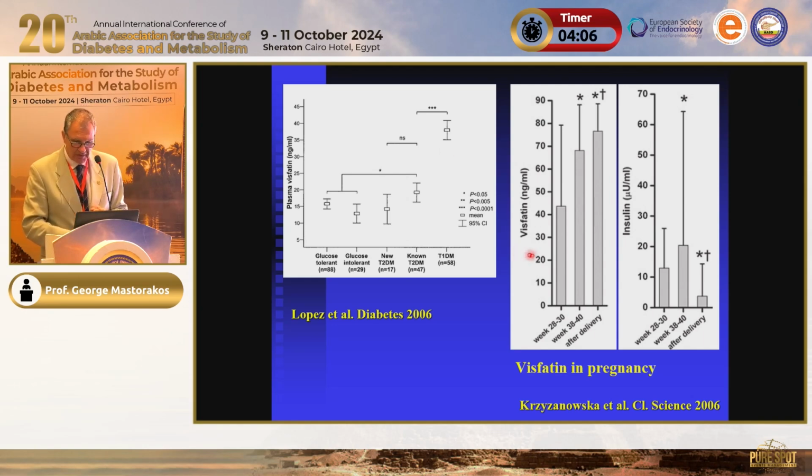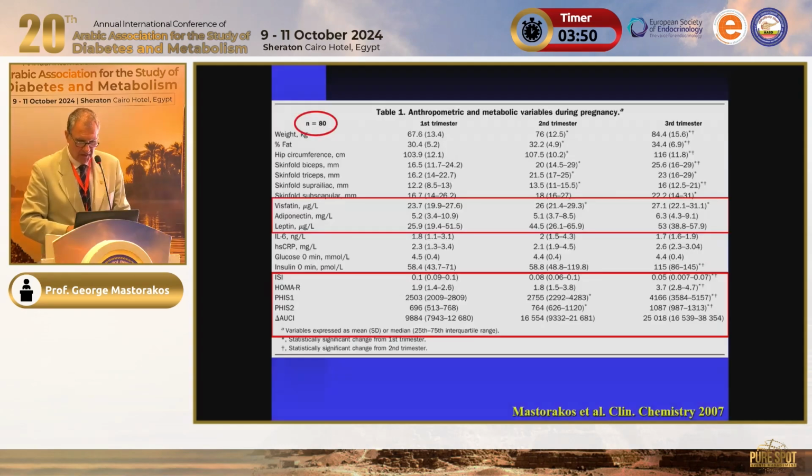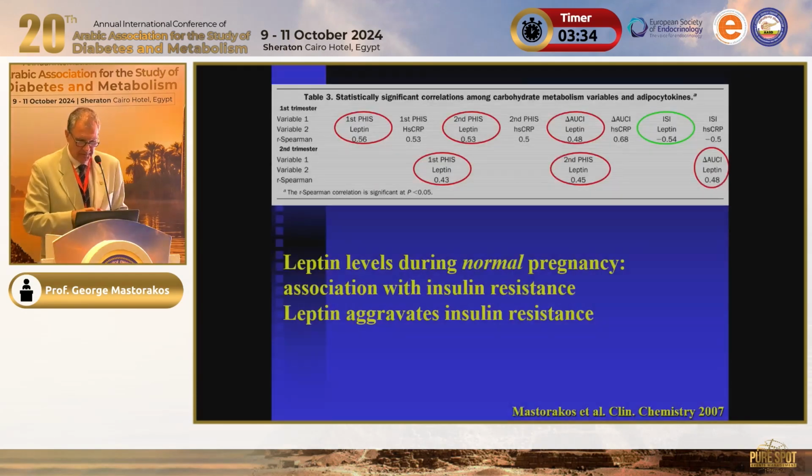And also here you can see in a study 18 years ago, in different cohorts of women, first trimester, second trimester, third trimester, and post-delivery, that the more the pregnancy progresses, the more visfatin goes up. It is exactly the same thing we found ourselves in the first, second, and third trimester, with a statistically significant increase of visfatin in normal pregnancies in the same cohort of women.